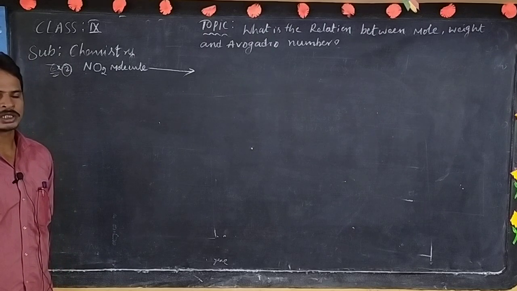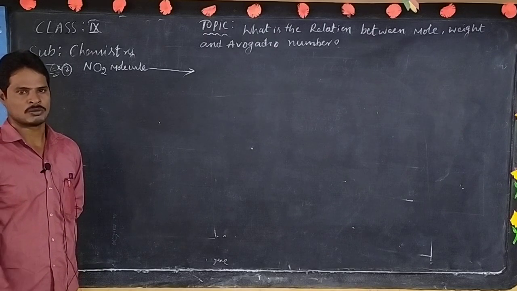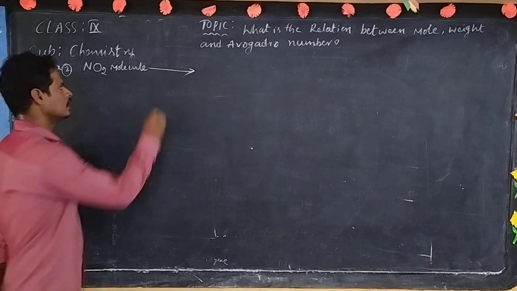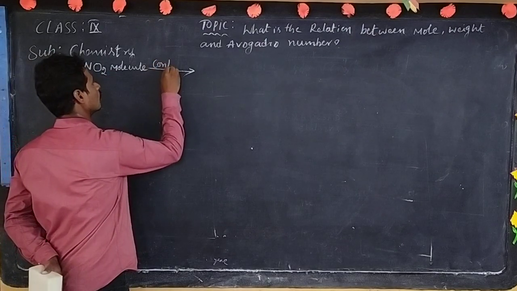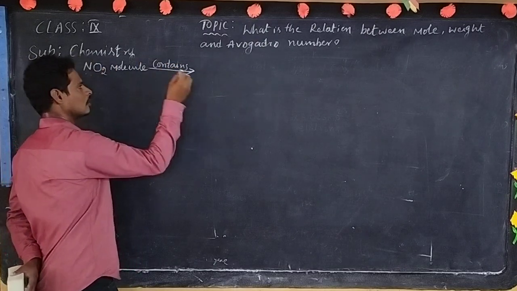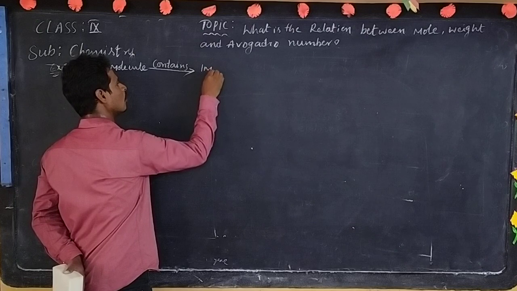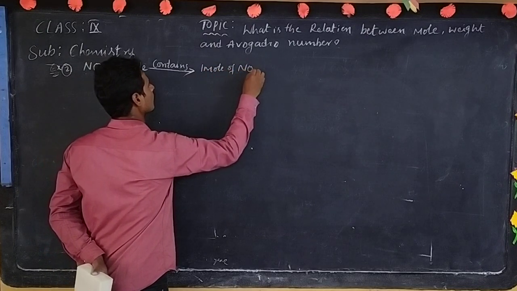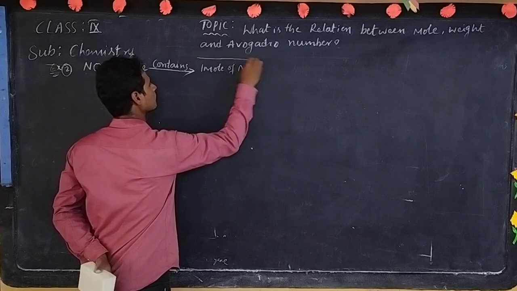There is no number. That's why we consider it as one molecule. So one NO2 molecule contains 1 mole of NO2.